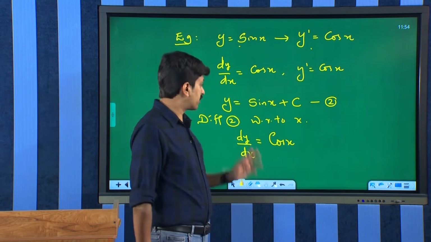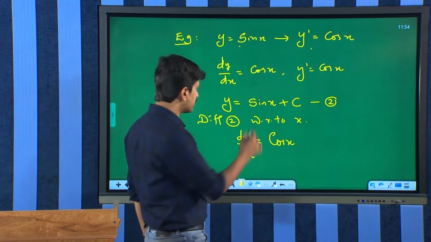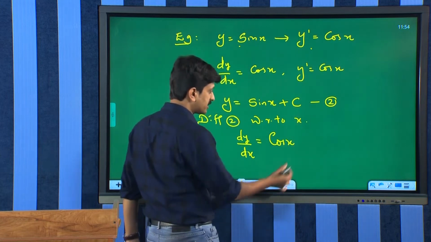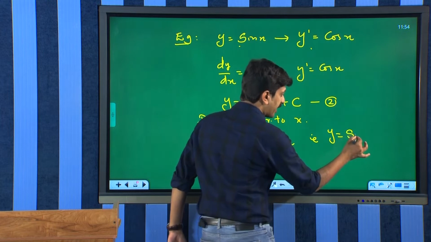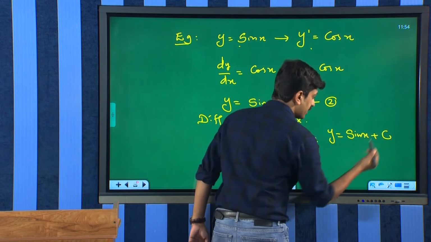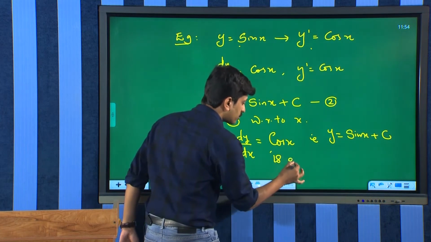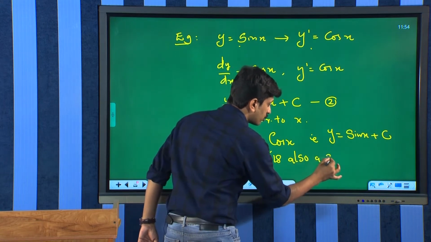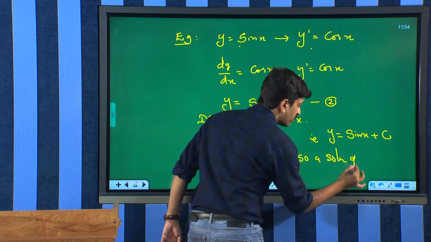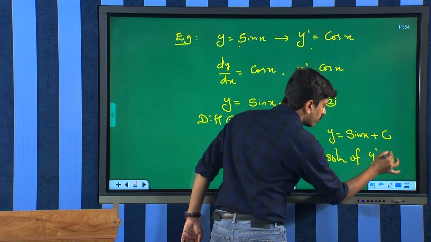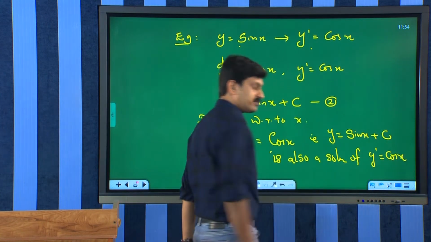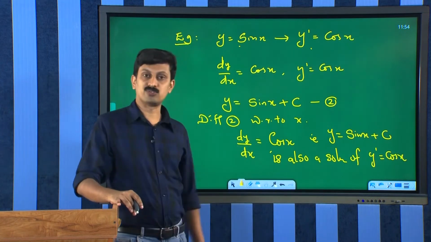Therefore, we can say that y is equal to sin x plus c is also a solution of y dash is equal to cos x. That is not only just a solution.